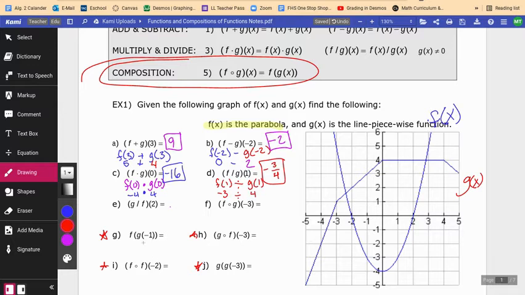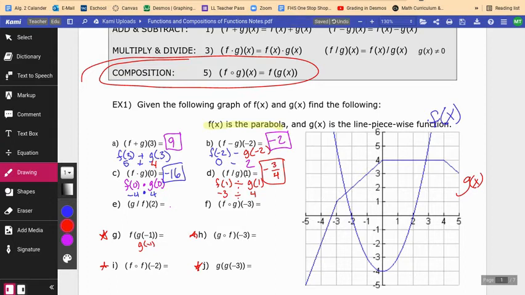So notice this says f of g of negative 1. So when we do this, think about order of operations. We always focus on the inside of parentheses first. So the first thing we're going to do is g of negative 1. So that's the first thing that I have to find.